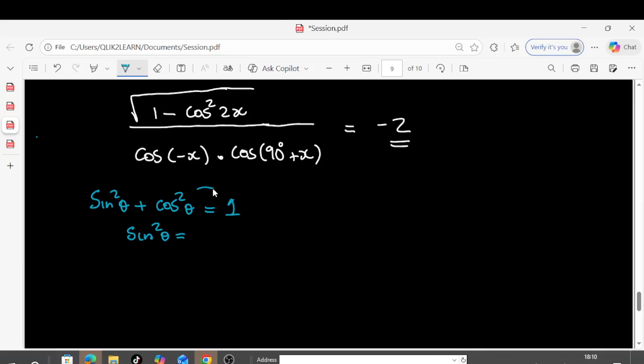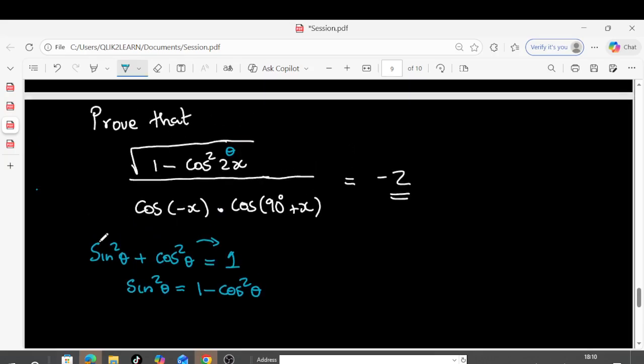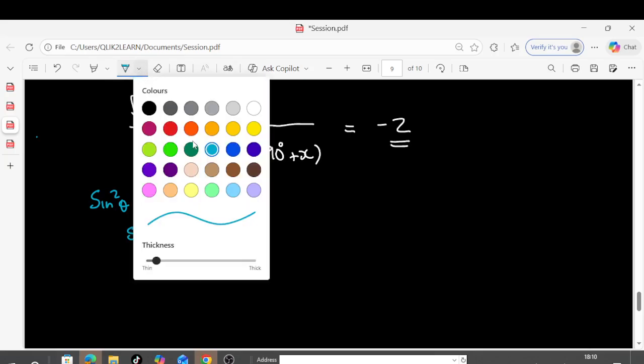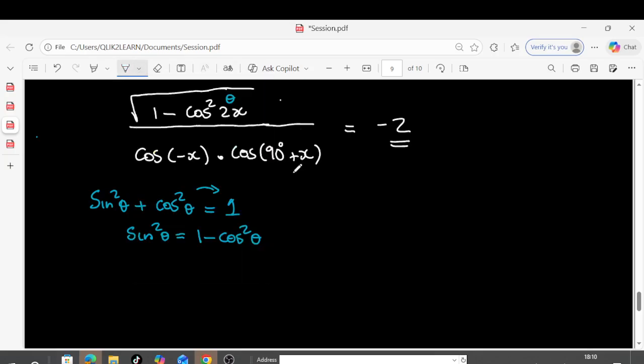The cos squared goes to the other side to change into 1 minus the cos squared theta. So can we say that our theta here is 2x? We can say that our theta is 2x, meaning that inside the square root, we can change whatever we have by applying this identity.